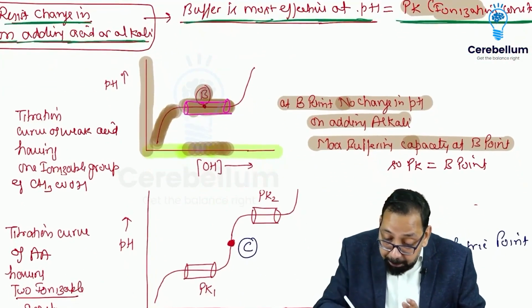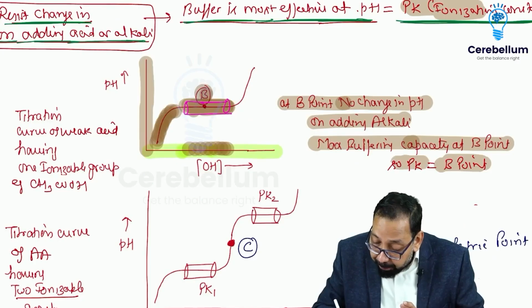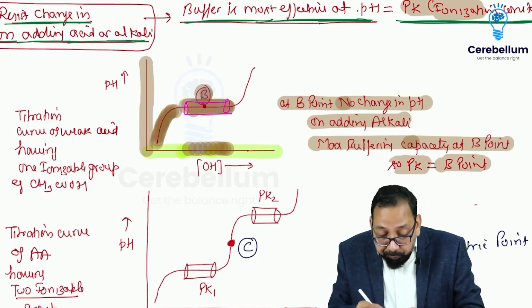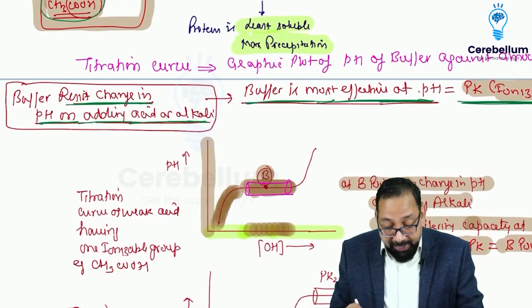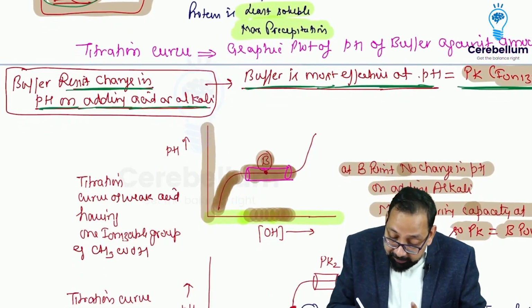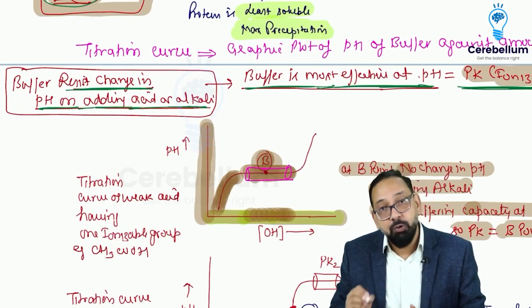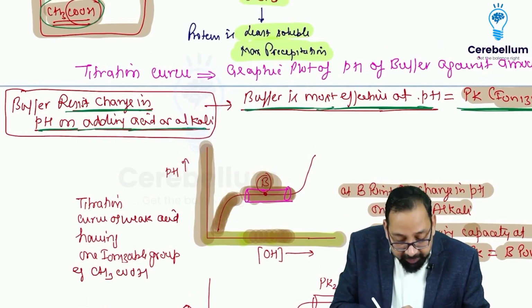So you can say point B is pK. So for the ionization constant, the pK value, you can find it in this titration curve in which point B is pK, the ionization constant.